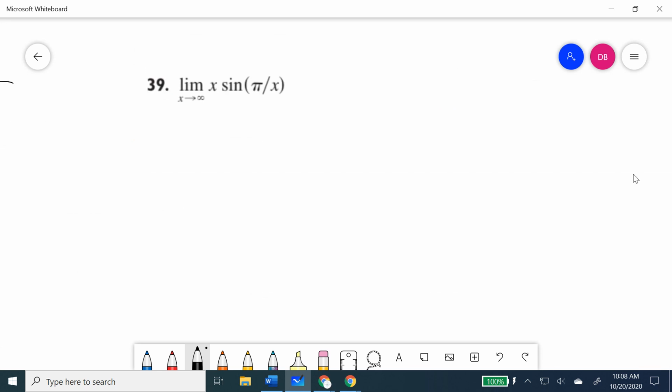So for this indeterminate form, you want to look at the fact that if x is approaching infinity, this particular factor is infinity. What is the second factor? The second one is heading to 0.